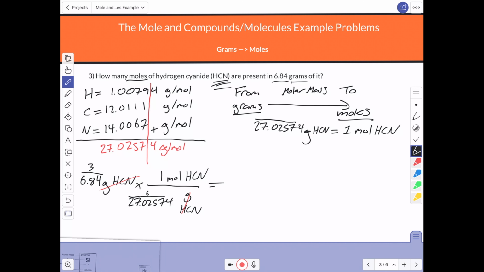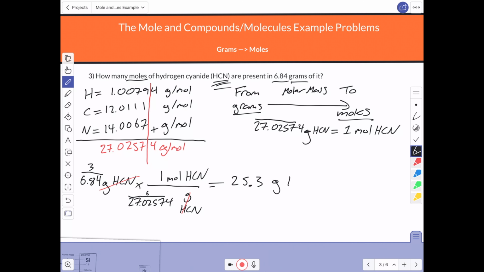We know that we're dividing 6.84 by the molar mass of hydrogen cyanide, 27.02574. And that gives me 25.3, because we're doing this at 3 sig figs, and I'm rounding that off my calculator.